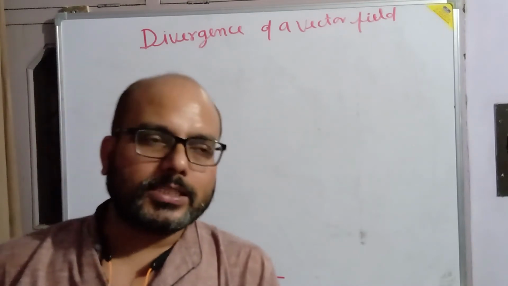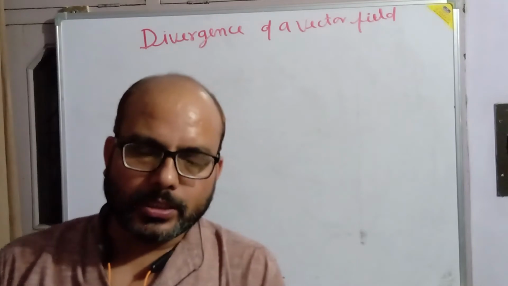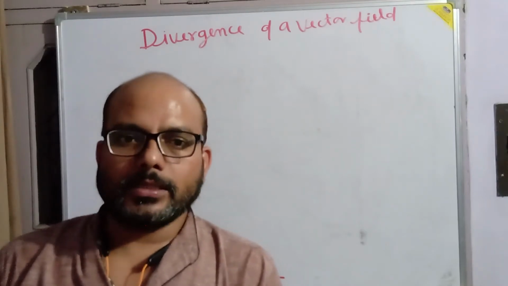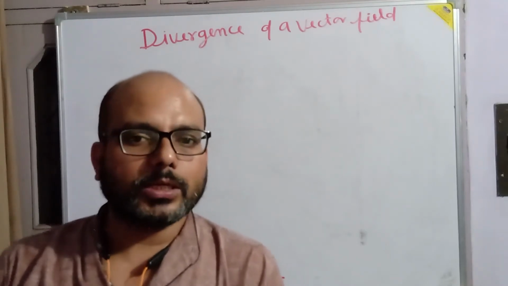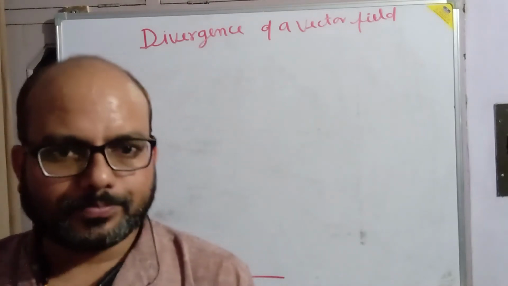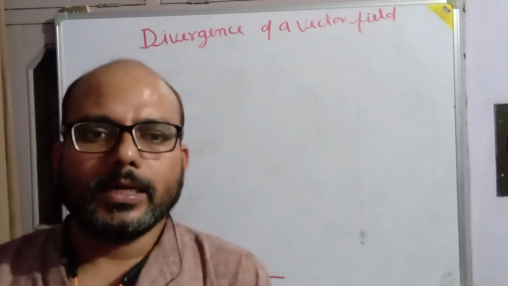The velocity vector is the first derivative of the position, and the acceleration is the second derivative of the position vector.